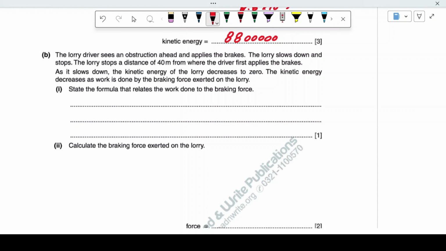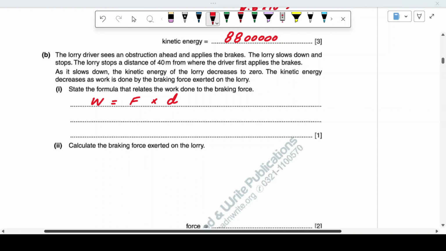All right. So this one says, state the formula that relates the work done to the braking force. So the formula is pretty simple. Work done by the braking force equals the braking force times the distance in the direction of the force.